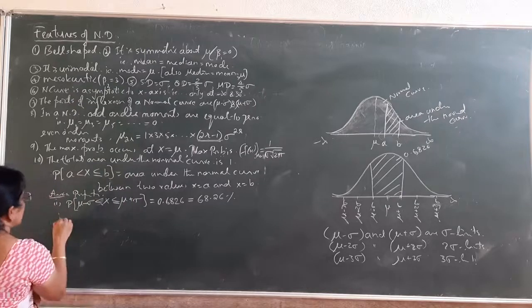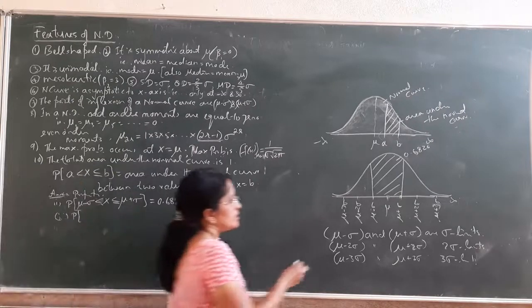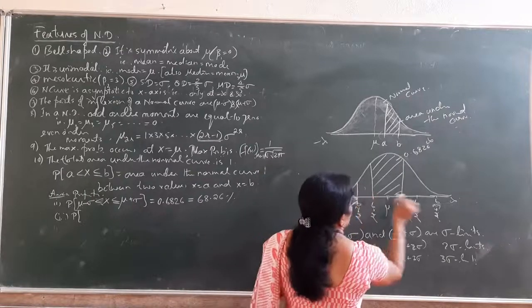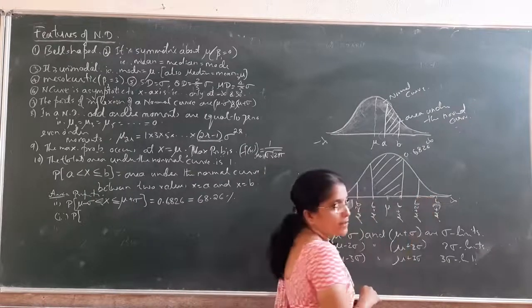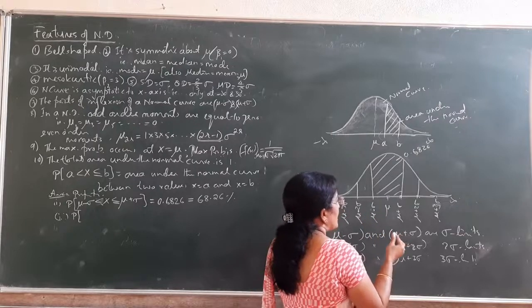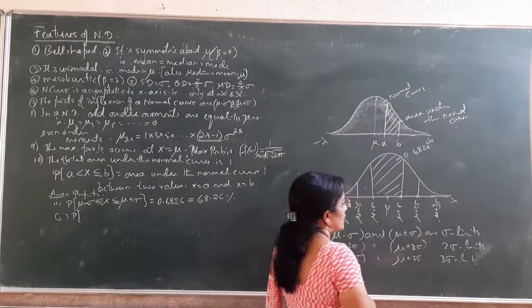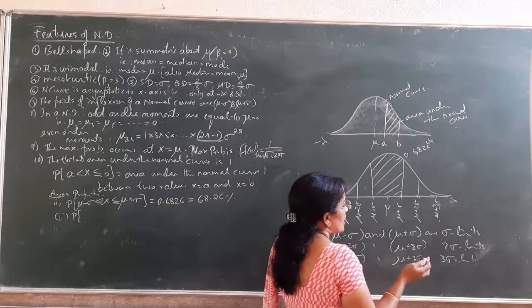Similarly, consider the 2 sigma limit. Here get a perpendicular. Then what is the area lying between mu minus 2 sigma and mu plus 2 sigma? That is within 2 sigma limits.